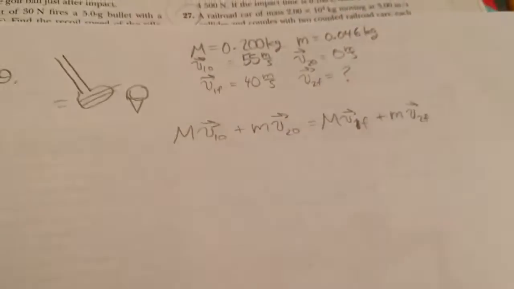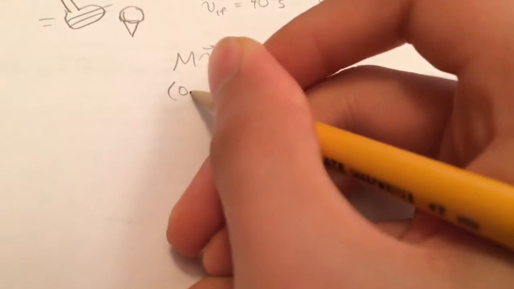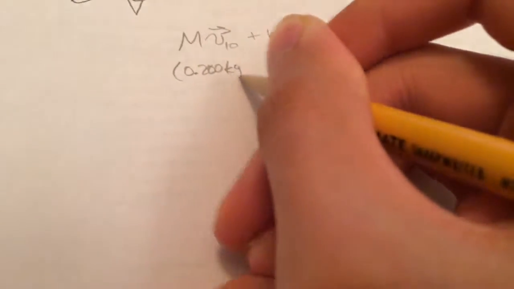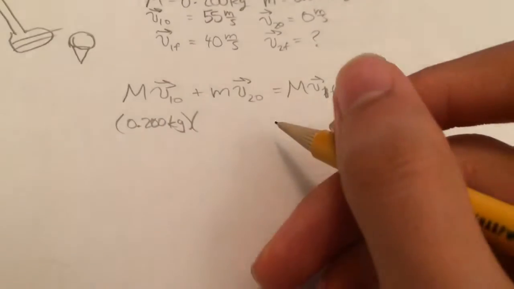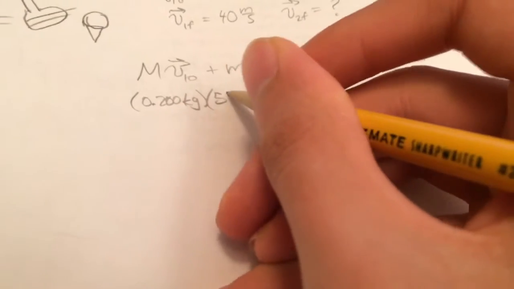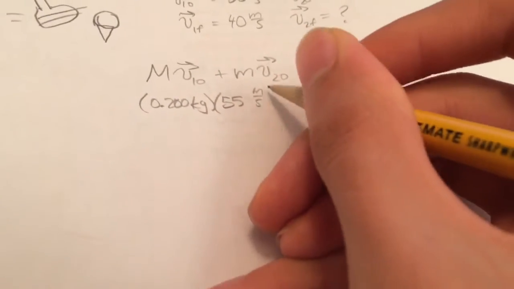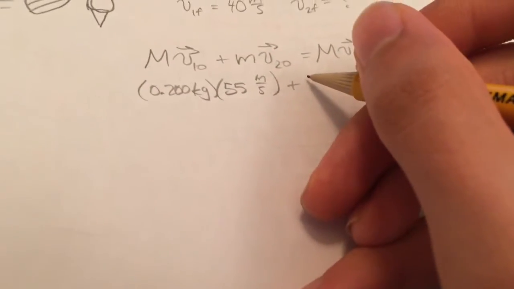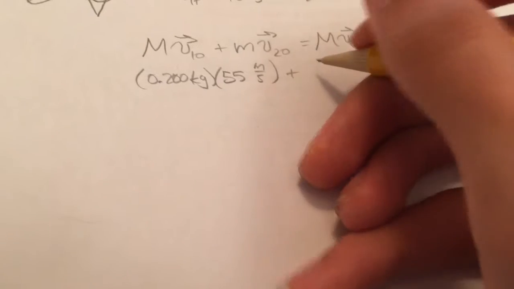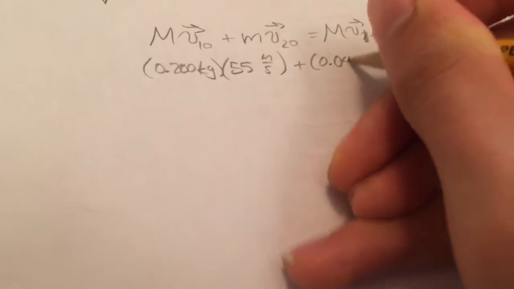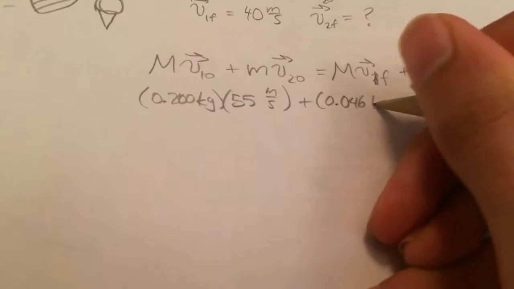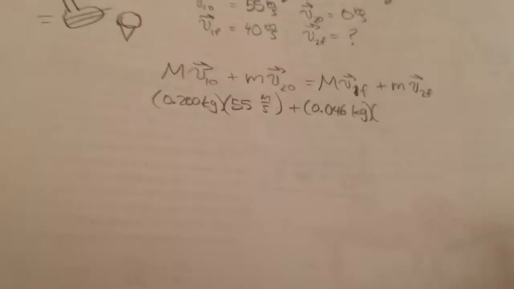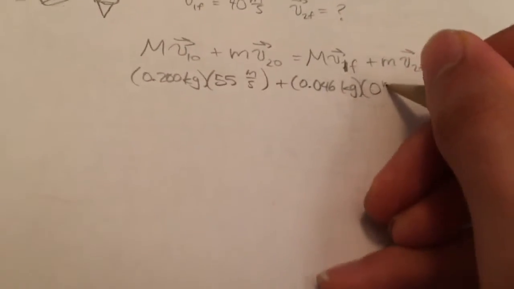We can just plug in the numbers that we have into this equation. 0.200 kilograms times the initial velocity of this golf club, 55 meters per second, plus the mass of the golf ball, which is 0.046 kilograms, times the initial velocity of this, which is 0 meters per second.